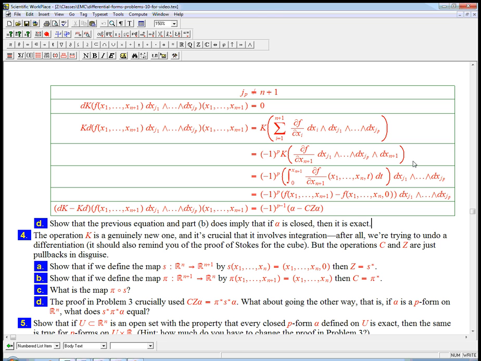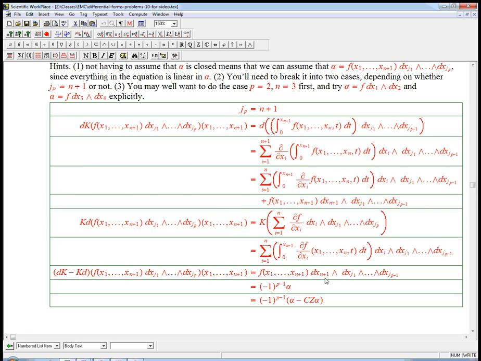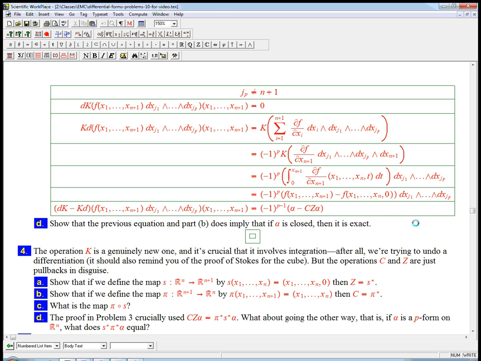What was the deal? Let's look at the equation that we've just shown is true in all cases. We showed it for the two building block cases, and therefore by linearity it's true for everything. And that was where this version of it was very nice, that we could do building blocks and the linearity.